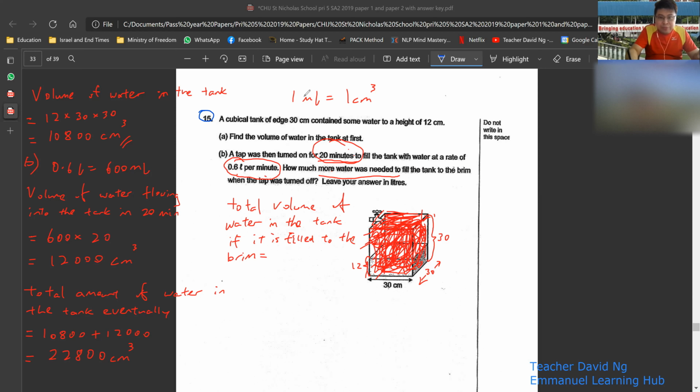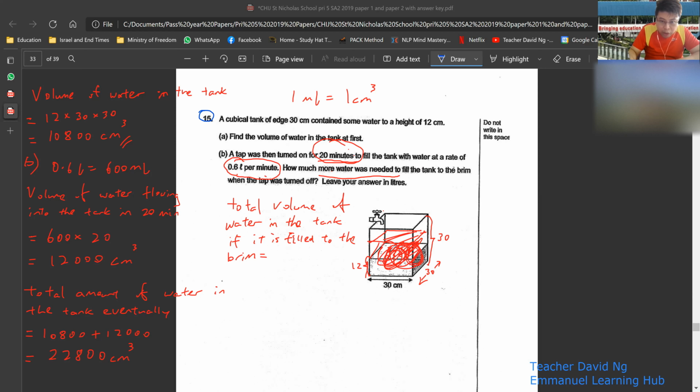Okay, right now you have to understand this question. Is the water filled to the brim yet? No, right? Right now, the water is this amount, agree?